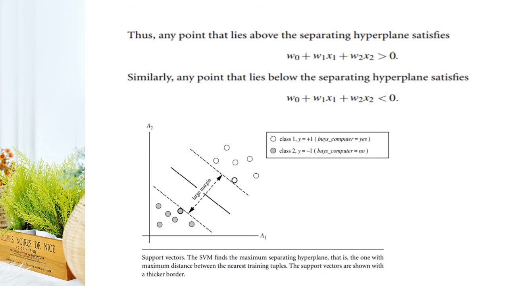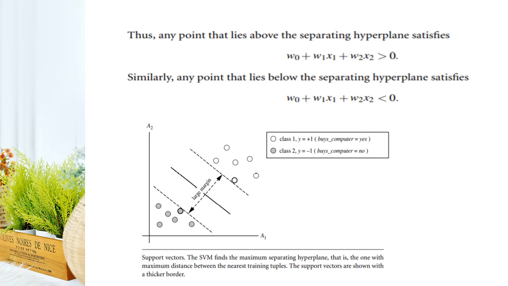Thus, any point that lies above the separating hyperplane satisfies the first equation, w0 plus w1x1 plus w2x2 greater than 0. Similarly, any point that lies below the separating hyperplane satisfies w0 plus w1x1 plus w2x2 less than 0. The points on the margin are known as support vectors.